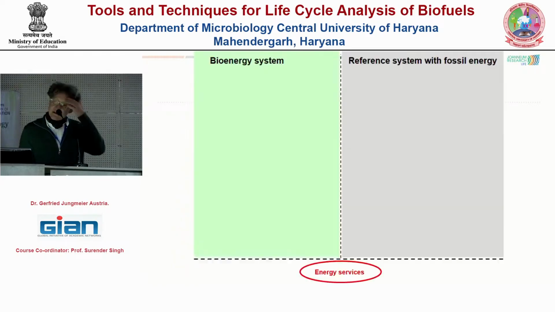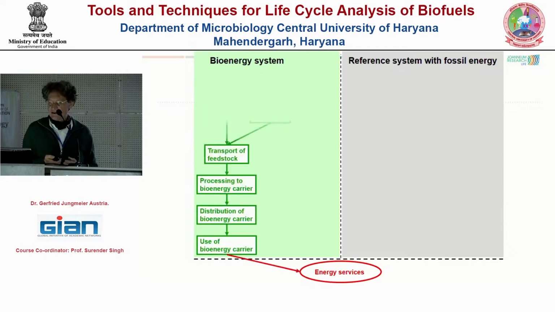Coming back to comparing a system using bioenergy to a reference system using fossil energy. Again, in most cases this is a comparison of ethanol to gasoline, or a coal power plant to maybe energy made from wood chips, and they all provide an energy service.